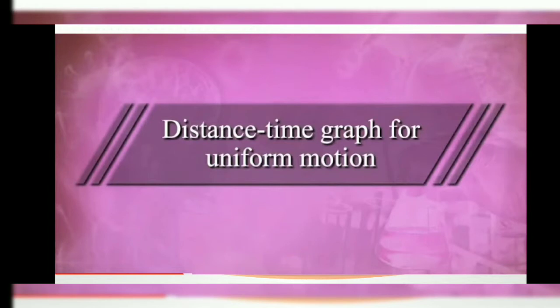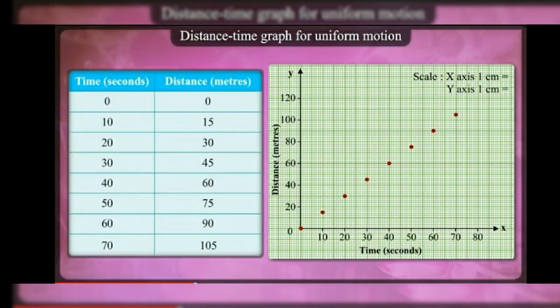Moving to the next subtopic, distance time graph for uniform motion. We have just learned what uniform motion is. Now let us plot a graph for distance and time. This table shows the distance covered by a car in a fixed time interval.